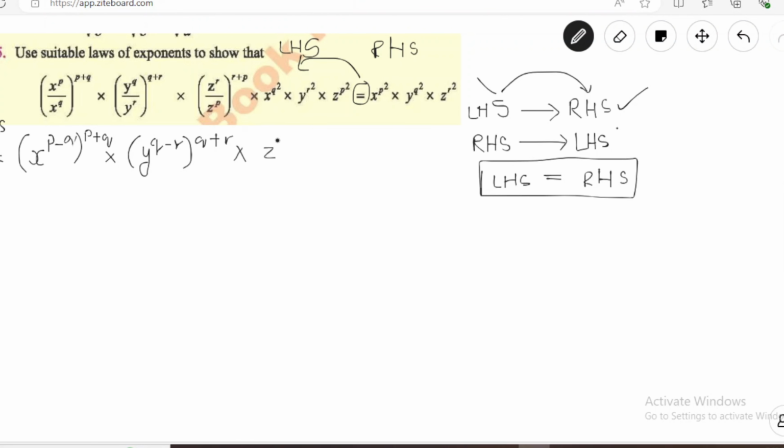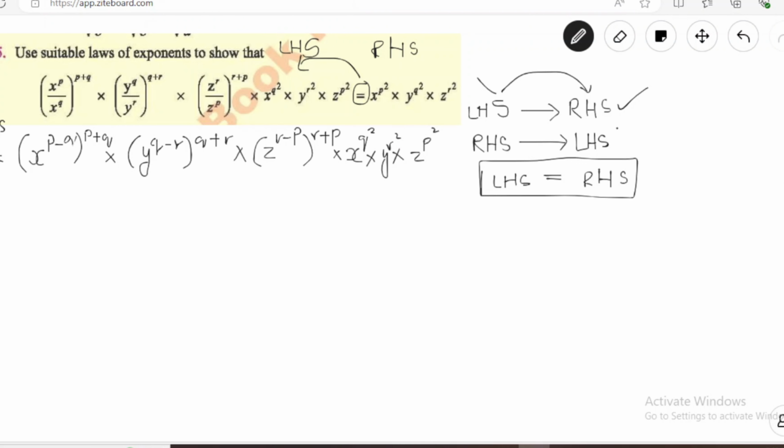So z raised to the power r minus p, and this whole thing raised to the power r plus p. And after this we have x to the power q square, y to the power r square, and z to the power p square.